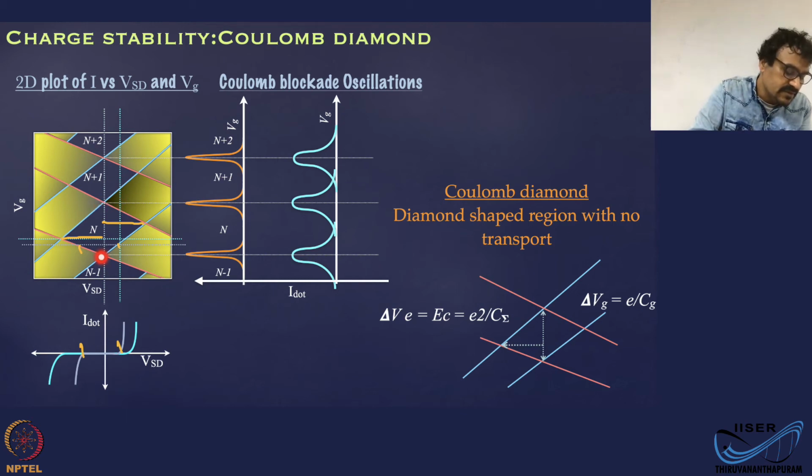The distance between two diamonds, or the size of the diamond in the y direction, should be equal to one electronic charge, which is basically equal to adding one extra electron. So delta Vg, the height of the diamond, should be e by Cg. So just by measuring the dimension of the diamond, you can get the total capacitance C sigma, and you can also get the gate capacitance, the capacitance of that particular gate to the dot, Cg.